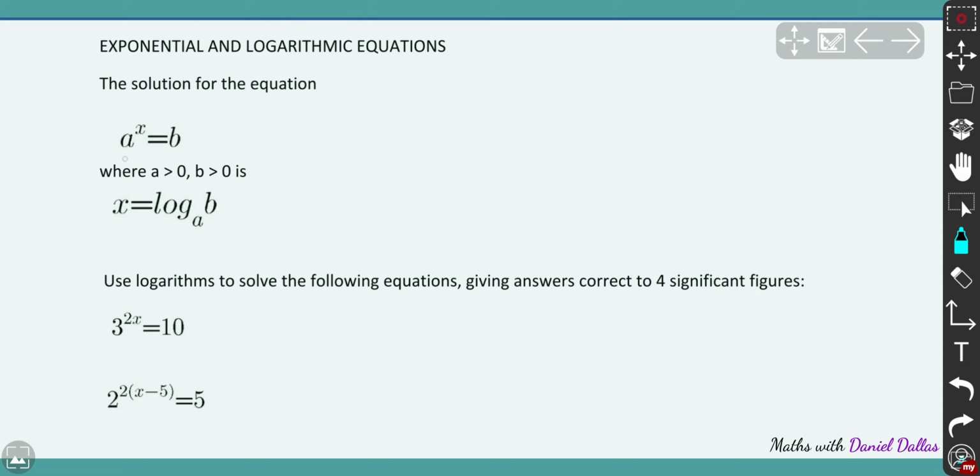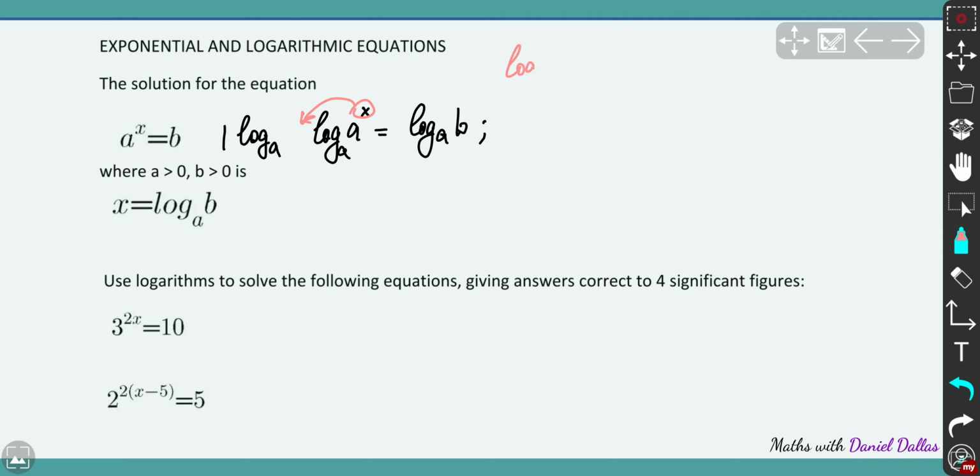If we have an exponential equation a to the power of x equals b, we can apply log to both parts. Let's say with the base a, we apply log with the base a to the left hand side and to the right hand side. Using the property, we simply put this power x before log.